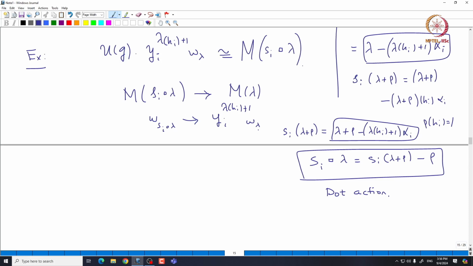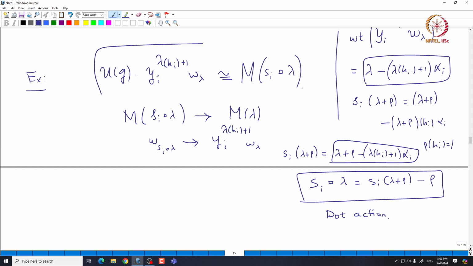That follows from the fact that the universal enveloping algebra has no non-zero zero divisors. So now you can prove that this is indeed an injective map, and this module becomes isomorphic to M of Si dot lambda.